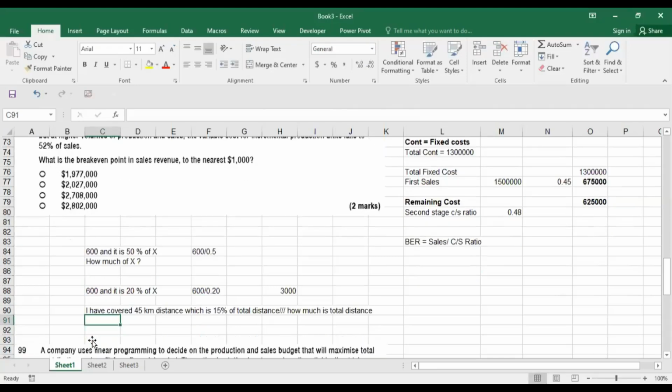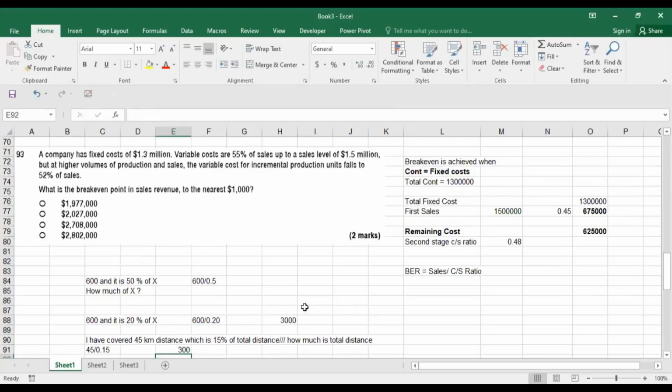I'm not doing it for fun. I'm going to apply it here. I have covered 45 kilometers, which is 15% of the total distance. So how much is the total distance? 45 divided by 0.15. Total distance is equal to 300 kilometers.